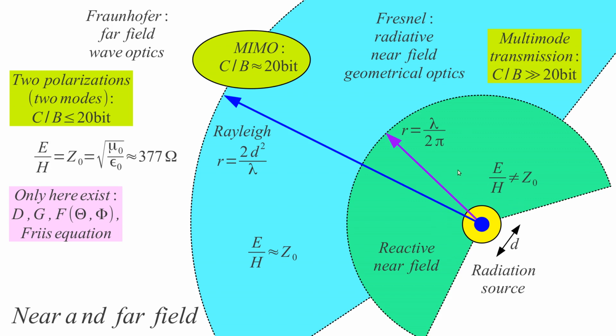This energy just oscillates around our source of radiation, and that's the reason why it's called reactive, reactive like capacitors and inductors. We have a region in between which is called the radiative near field. In this radiative near field we have geometrical optics. This is also called the Fresnel region.